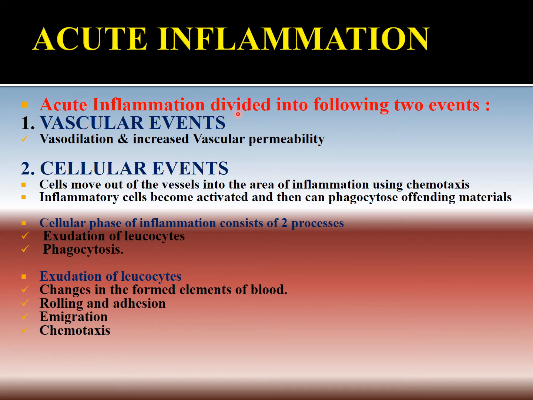Acute inflammation is divided into two events, vascular events and cellular events. الفاسكولار events اللي هي تتضمن vasodilation and increased vascular permeability, whereas the cellular events are where cells move out of the vessels into the area of inflammation using chemotaxis, and the inflammatory cells become activated and can then phagocytose the offending material. The cellular phase of inflammation consists of two processes, exudation of leukocytes and phagocytosis.